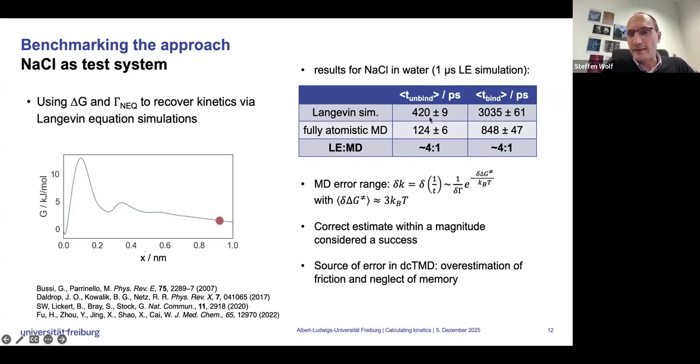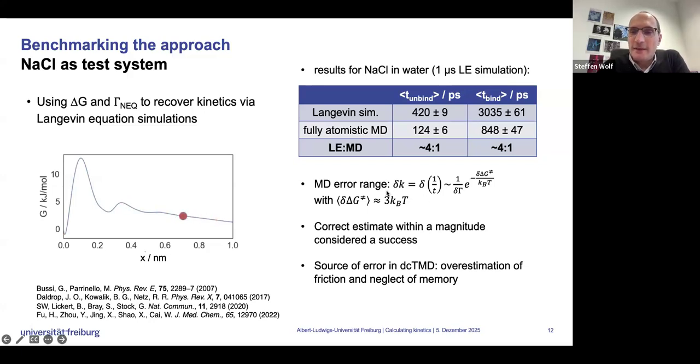And you can see here on the right side that the unbinding and binding kinetics of the Langevin simulations reproduce the kinetics from fully atomistic molecular dynamics simulations within a factor of 4. Here again, a factor of 4 sounds large at first, but bear in mind we need to check what error margins we are dealing with.